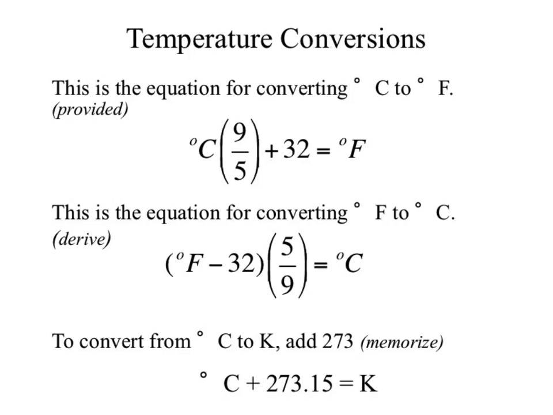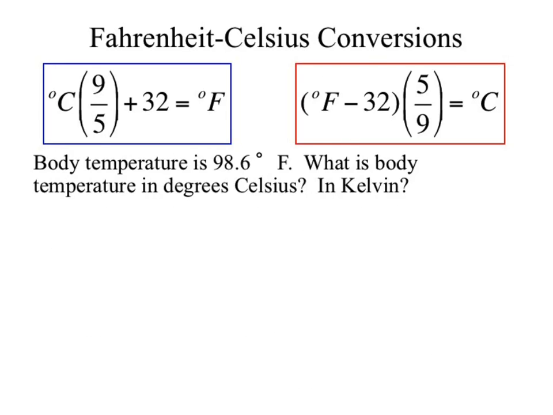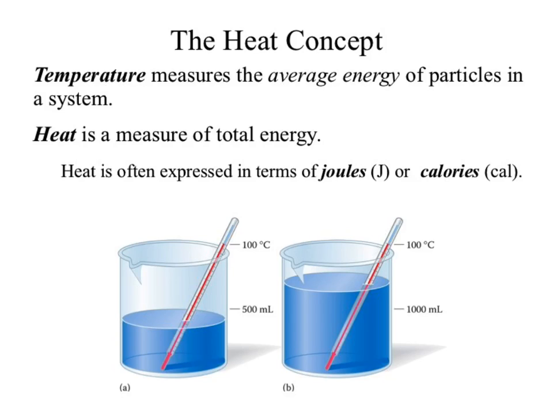Okay? So I will give you the Celsius to Fahrenheit. I will not give you the Fahrenheit to Celsius. Oh, heaven forbid, it's algebra. Okay? If you need help with that algebra, I will help you with it, but that's all it is. I don't want to do those conversions, because they're straightforward.